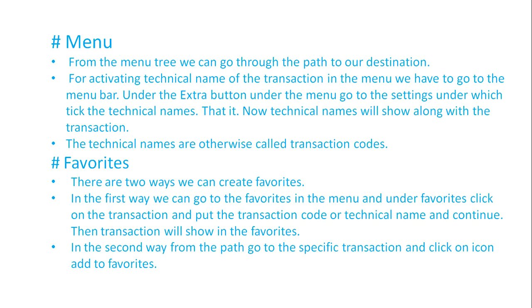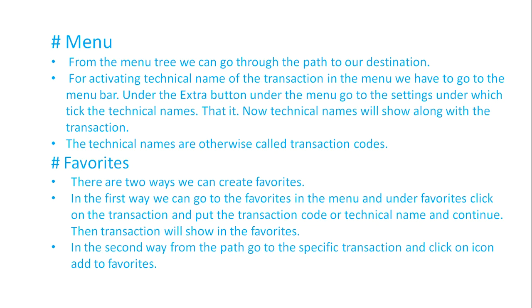If you want to go to a certain screen, either you can go through the path or you can go through the transaction code. Suppose I want to go to a place where I will pass a journal entry. I can put the transaction code FB50 and enter. Now a screen is coming where I will make the journal entry. Debit credit I will pass.